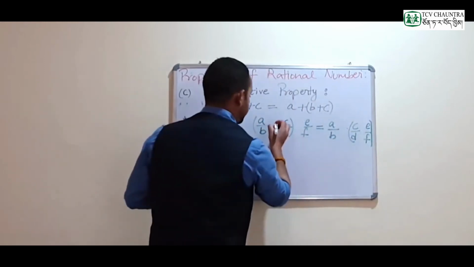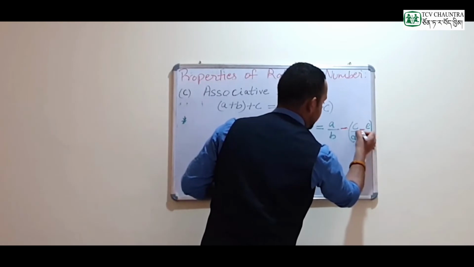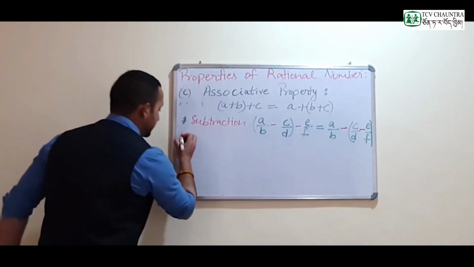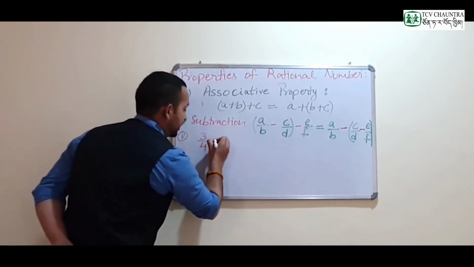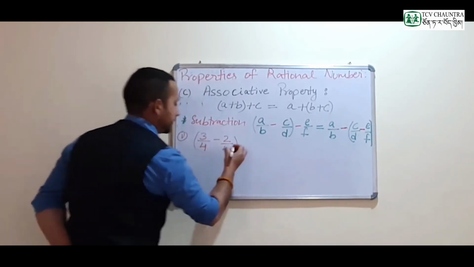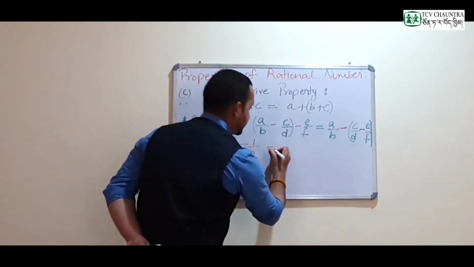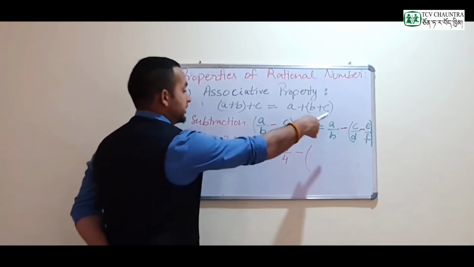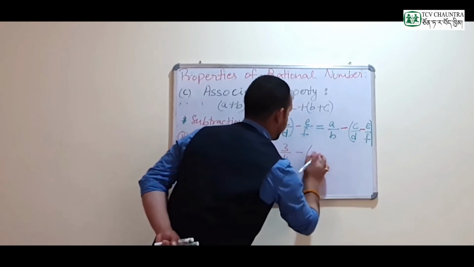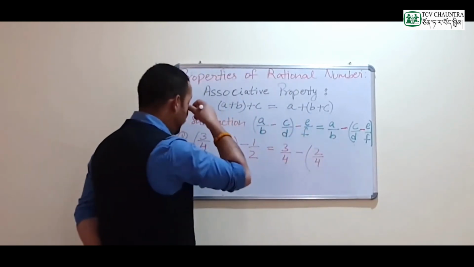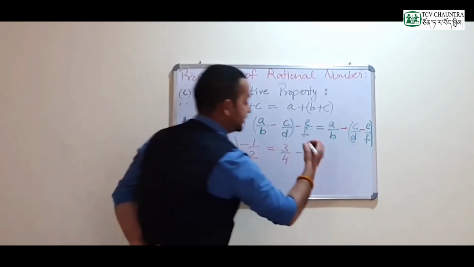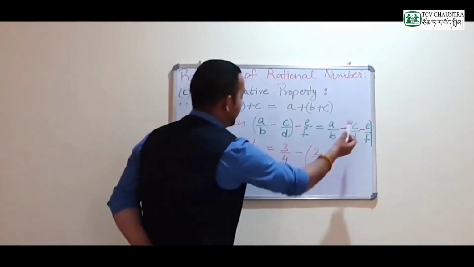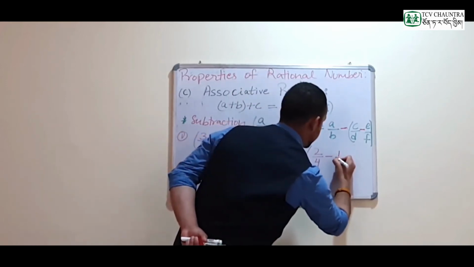In case of subtraction, the formula is same, only the operation is different. Let us take an example: 3 upon 4 minus 2 upon 4 minus 1 upon 2 on the left side. On the right side, in place of A upon B I'll substitute 3 upon 4 minus, bracket open, in place of C upon D 2 upon 4, and in place of E upon F I'll write 1 upon 2.